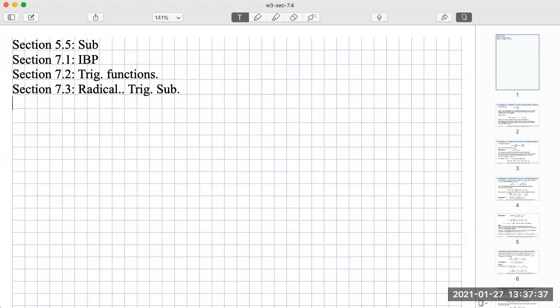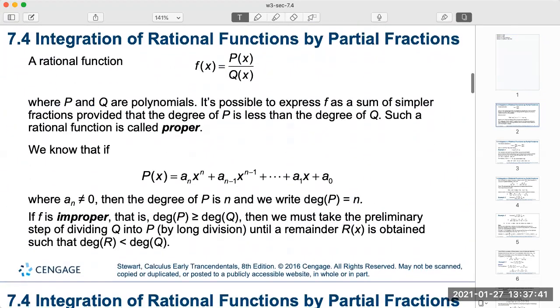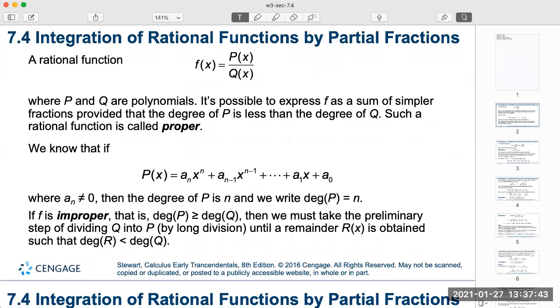So today we will study section 7.4, integration of rational functions by partial fractions. Suppose we need to compute the integral of a function f(x), which is P(x) over Q(x), where P and Q are polynomials.